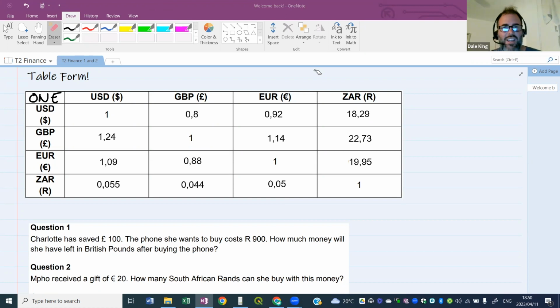Sonia saying yes, she can. Oliver King saying yes, she can. CP Menzi all saying yes, she can buy the phone. I hope you are saying yes, she can buy the phone, or yes, she's going to have some money left over. I hope you did a calculation to back that up.